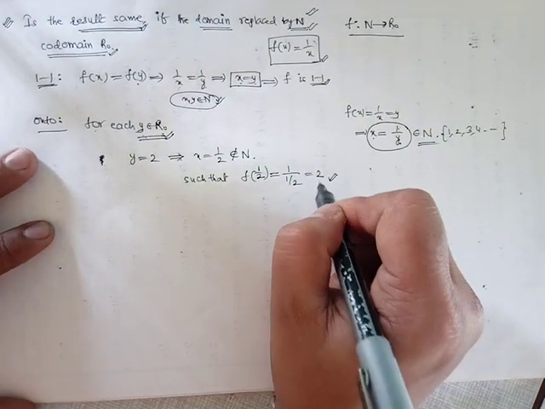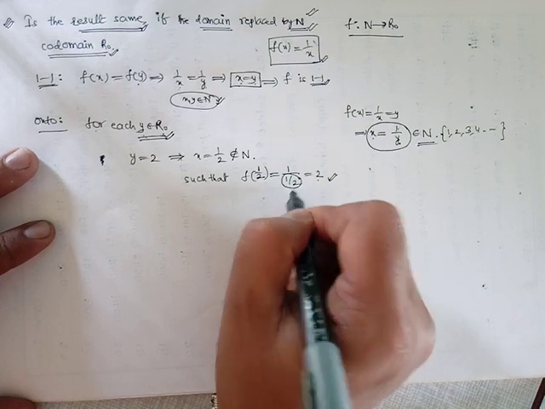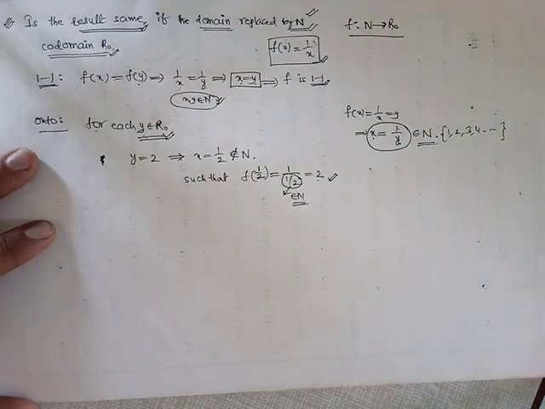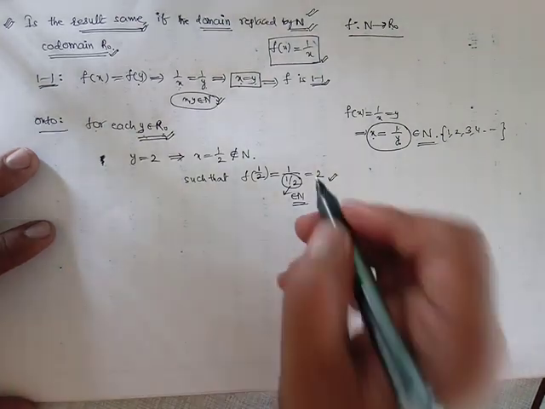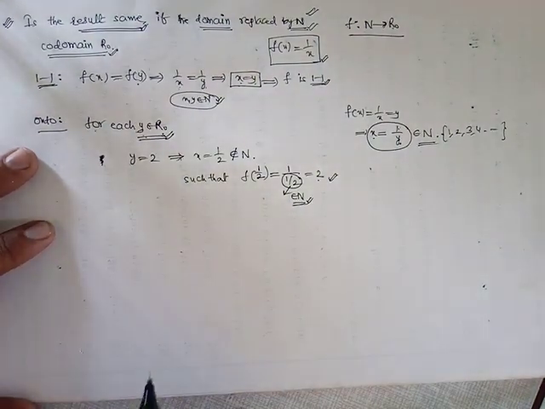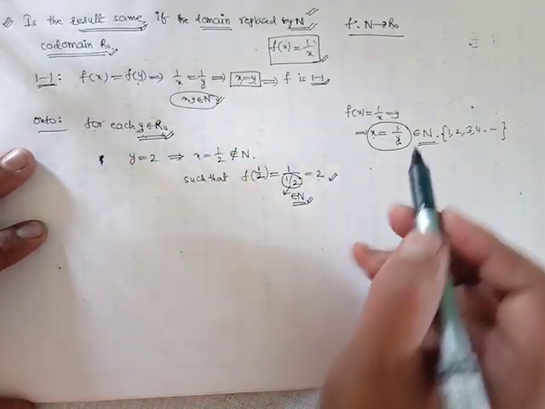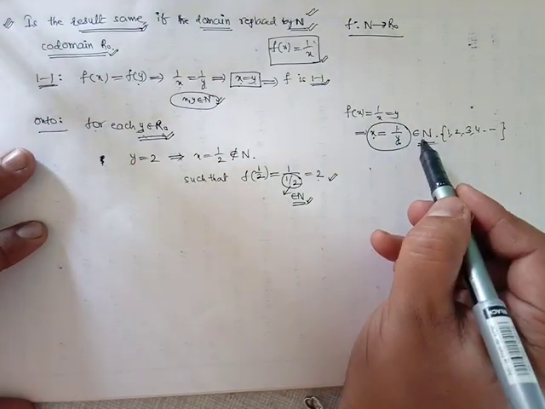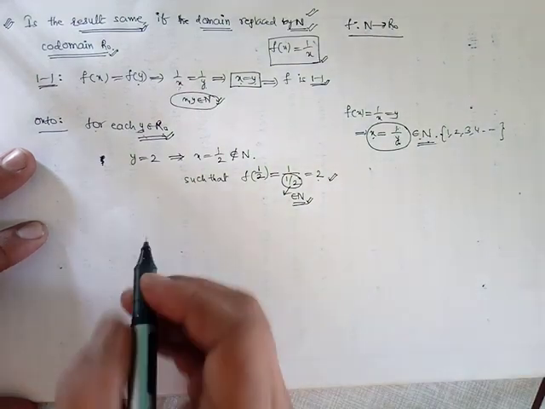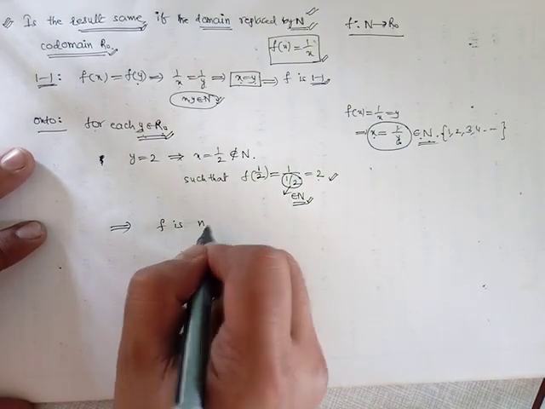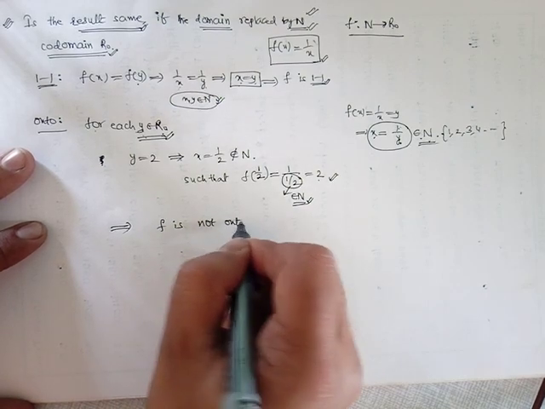So even though you are getting it, this 1 by 2 is not coming from the natural numbers. So for each y belongs to R naught, we are not getting 1 by y belonging to natural numbers. So f is not onto.